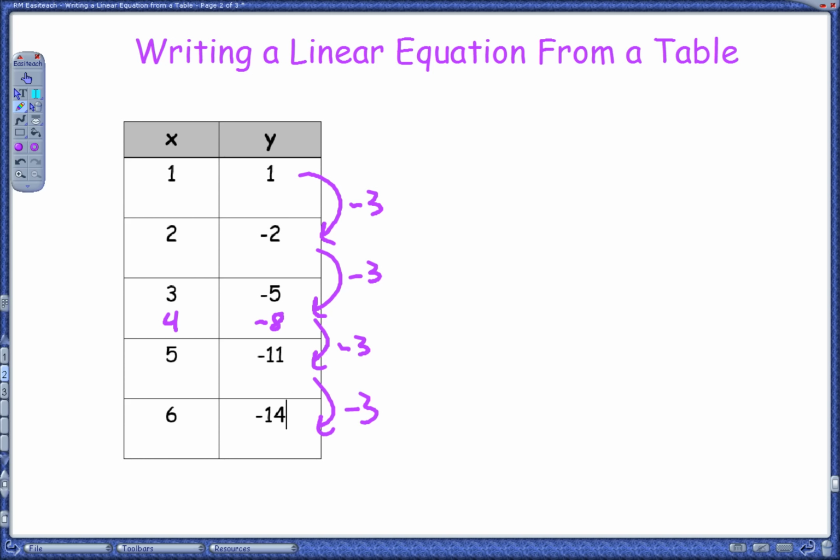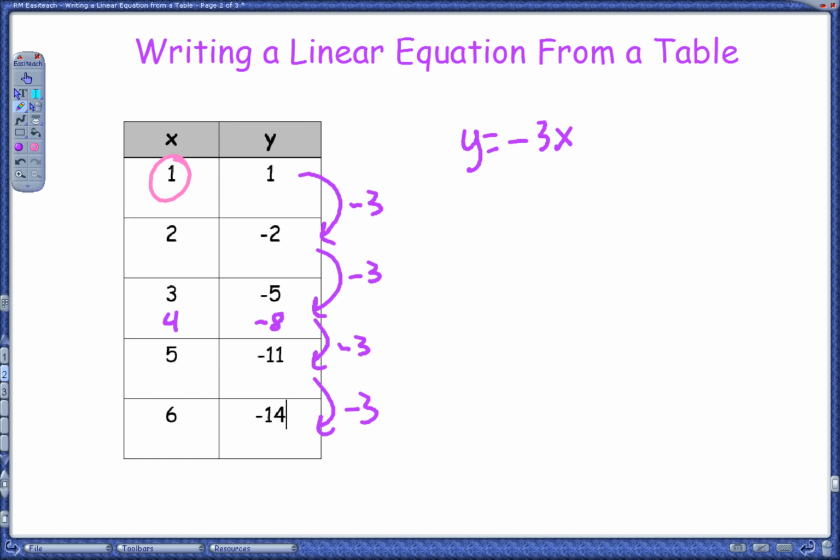Again, this number that I add or subtract becomes my multiplier. I start every equation with y equals. Since I'm subtracting 3, it's negative 3x. Now I look at my x values, 1, 2, 3, 4, 5, and 6. I'm going to plug them in for x and see what I have to add or subtract to get to my y value.